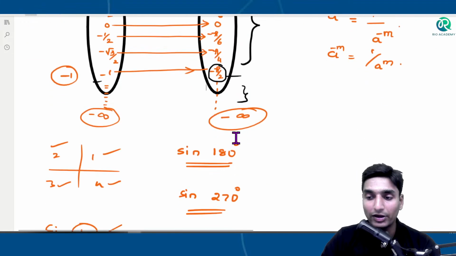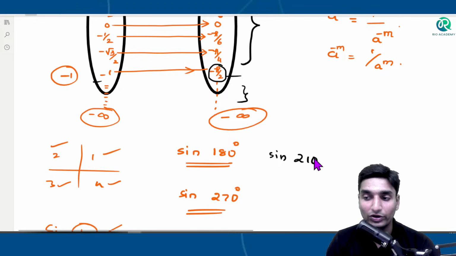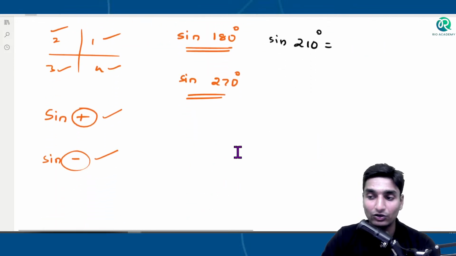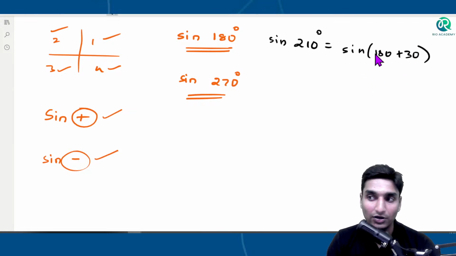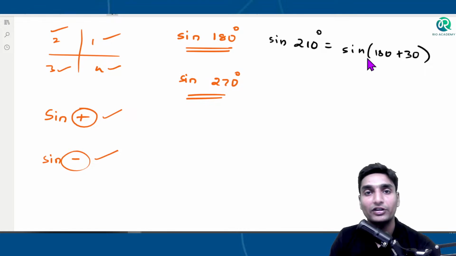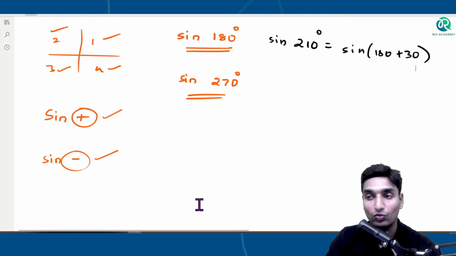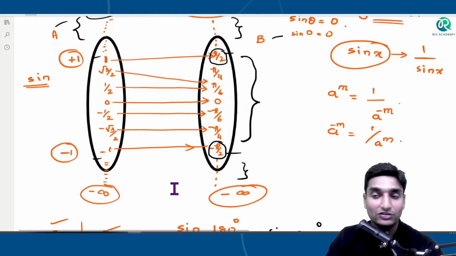If you remember allied angles guys, suppose sine of 210 degrees, we can write this as sine of 180 plus 30, correct? Right? And this 180 once again can be written as 2 pi upon 2.